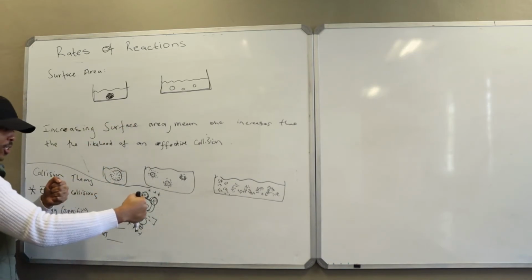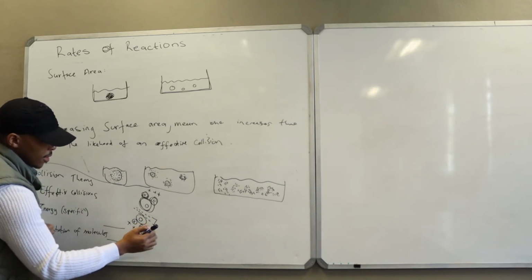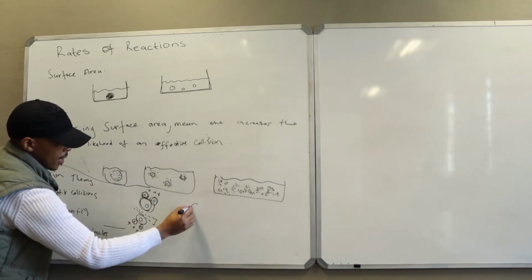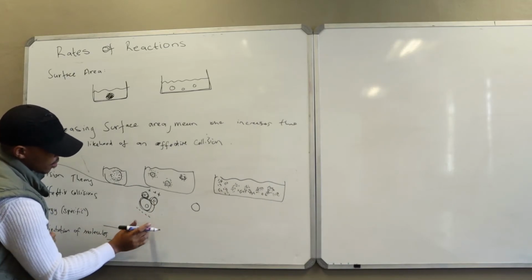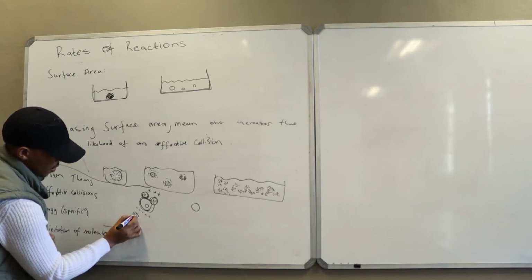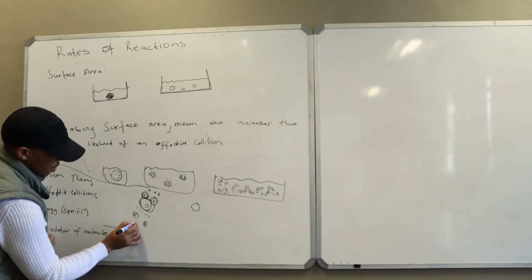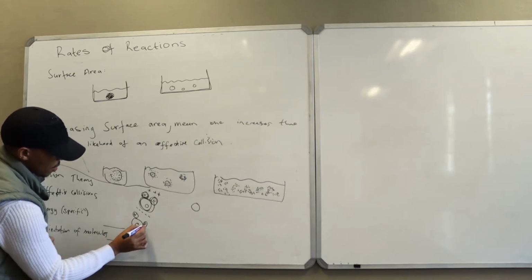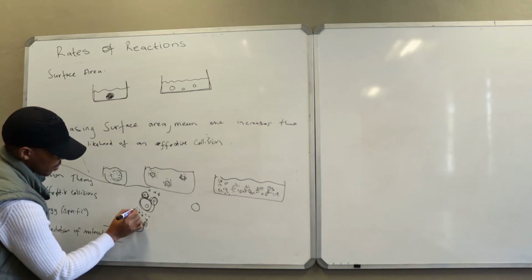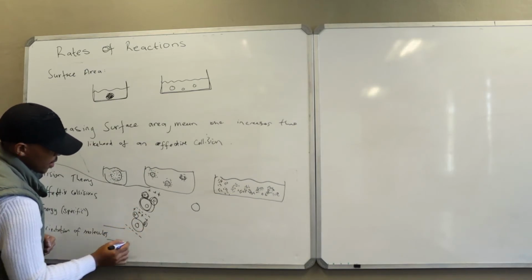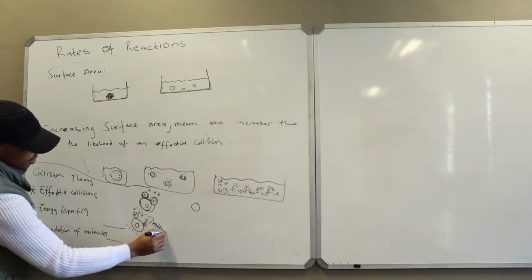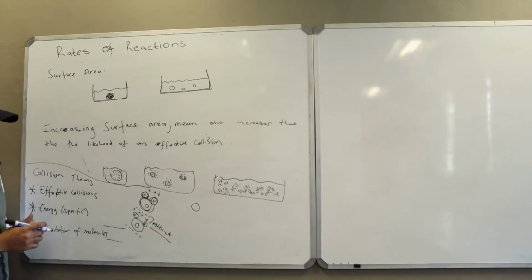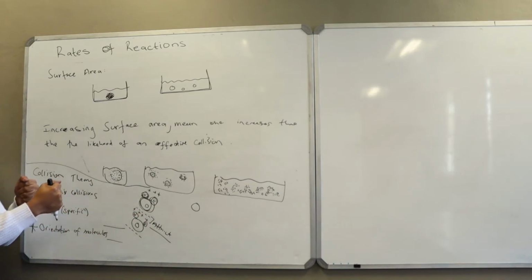So they repel each other. But if it now collides like that, positive, positive, positive, positive, then the negatives there, and you see the opposite charges attract, meaning here you will have an effective collision.